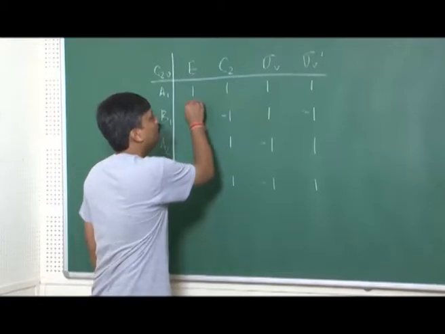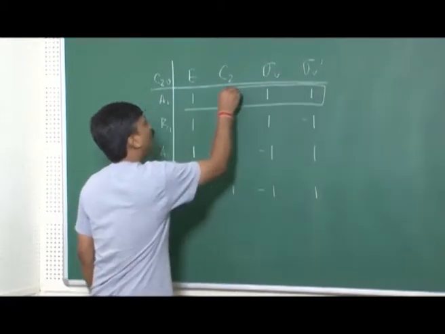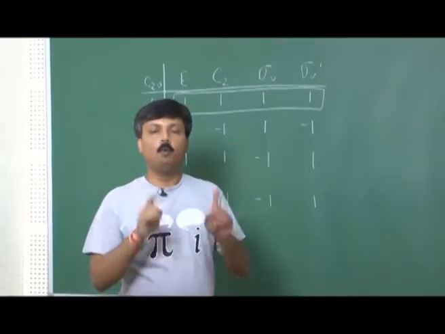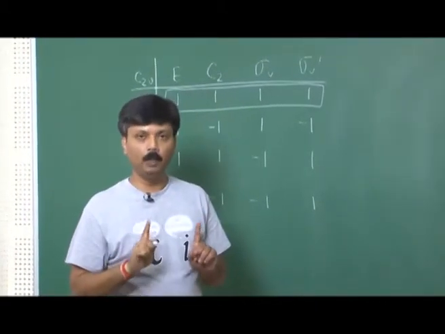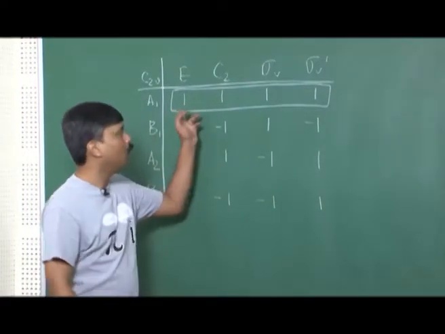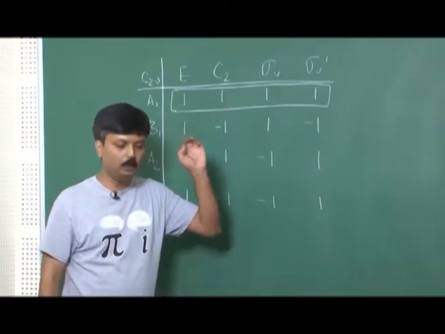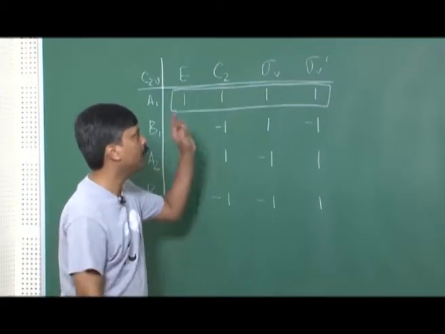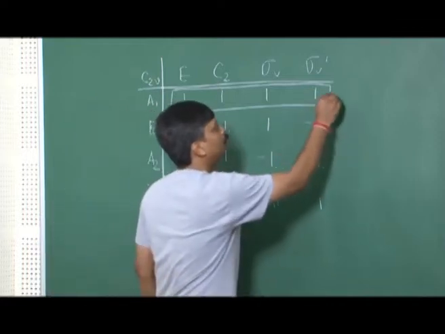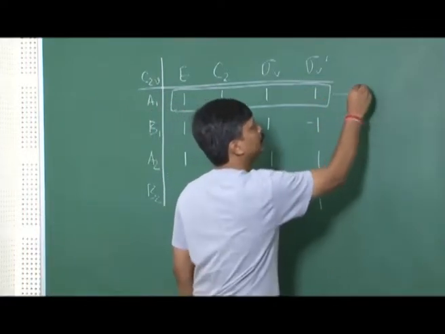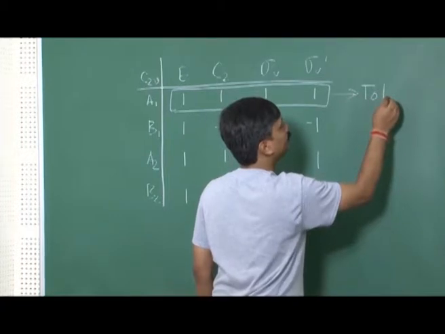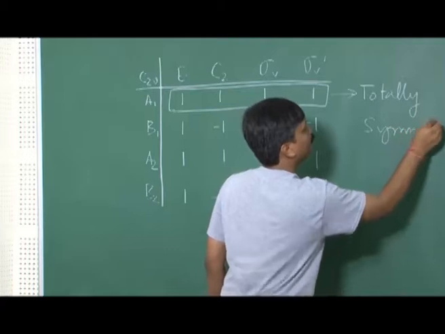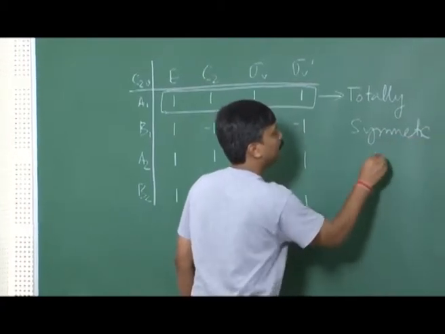You will find that in the character tables of all the point groups, one irreducible representation will be such that the characters corresponding to all the symmetry operations are plus 1, and this particular irreducible representation is called the totally symmetric irreducible representation.